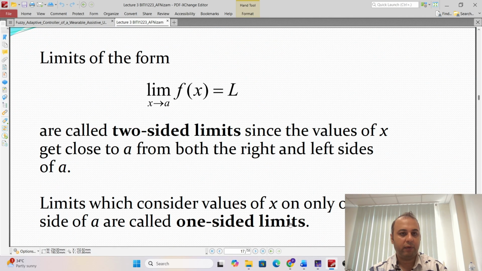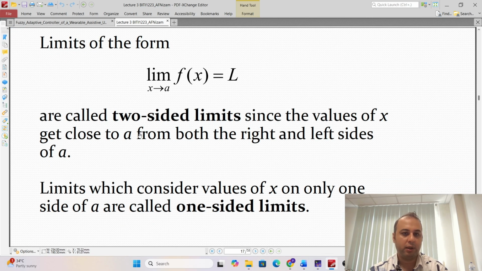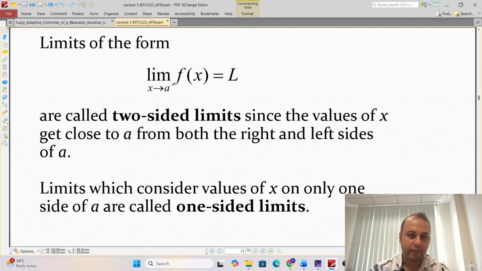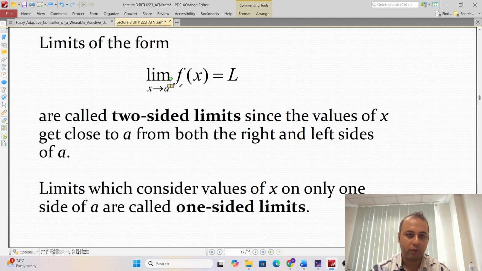Limits of a form like this are called two-sided limits. If there is a plus or minus, for example plus, we call it one-sided.